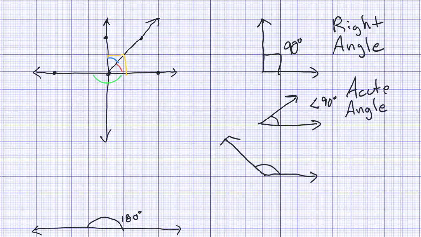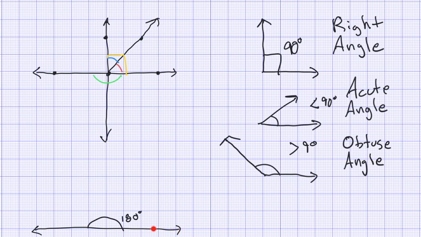All right, and then below that, you're going to see an angle that is greater than 90 degrees. Okay, so it's greater than 90 degrees. And that was our obtuse angle. Okay, and then below here, I'm going to show you one more.